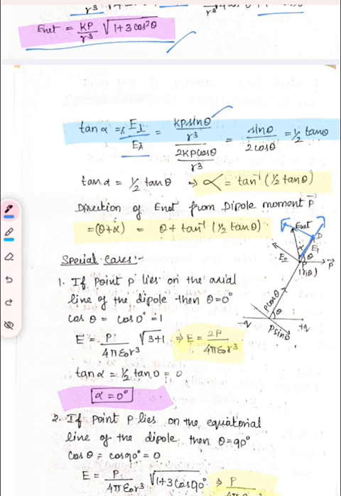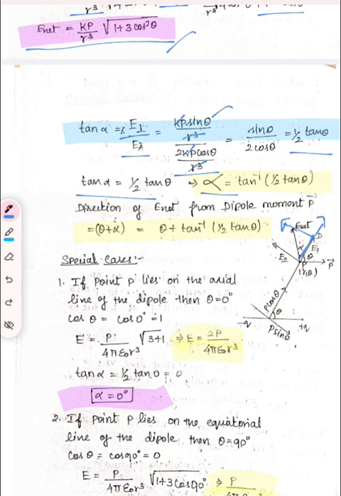We know along the equatorial line it is kp sin theta divided by r cube, along the axial line it is 2kp cos theta divided by r cube. kp and r cube get cancelled, so it becomes sin theta divided by 2 cos theta. It is half tan theta. So tan alpha is half tan theta. We write alpha equal to tan inverse of half tan theta.